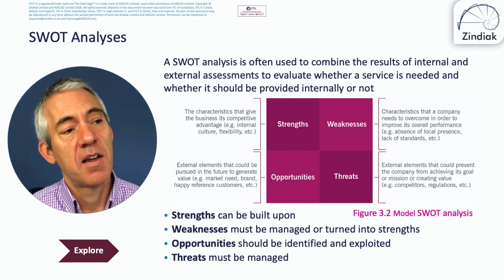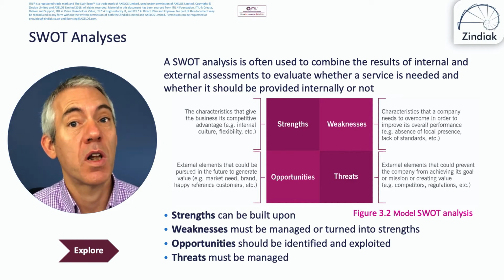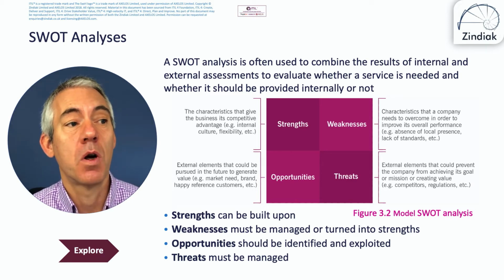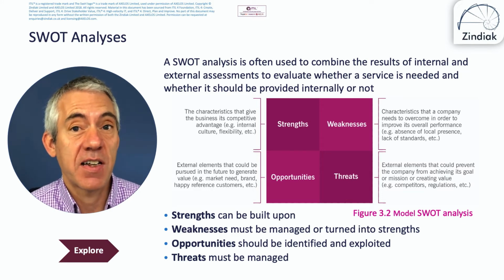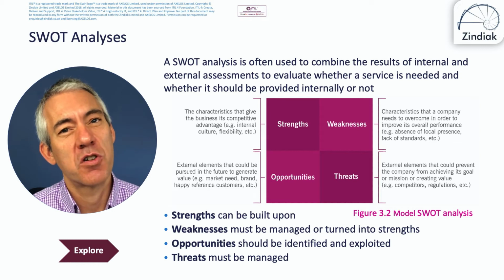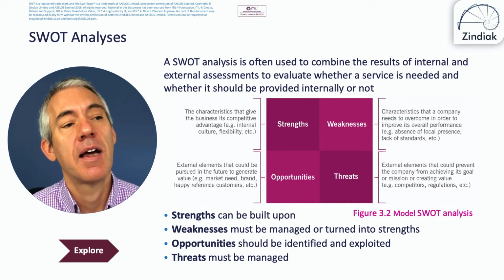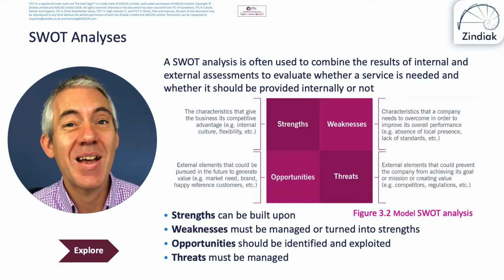And obviously, we want to try to increase the likelihood that the opportunities will happen, and if they do, that the positive effect is as great as possible. And for the threats, we want to try to avoid them happening, but if they do, minimise the negative impact.